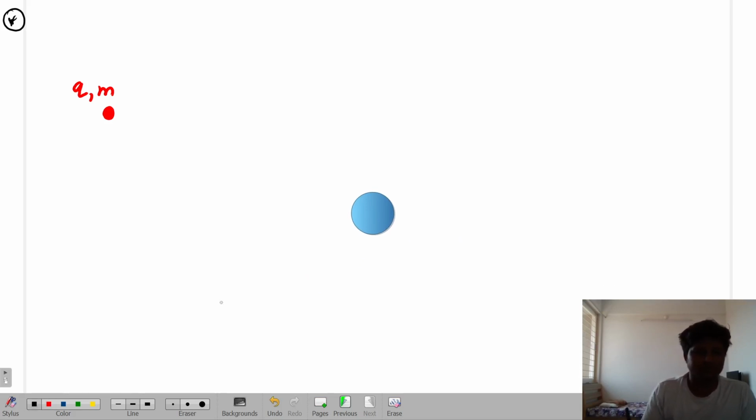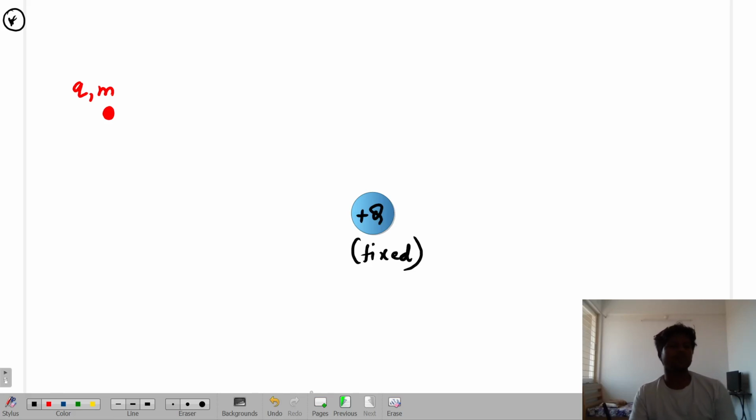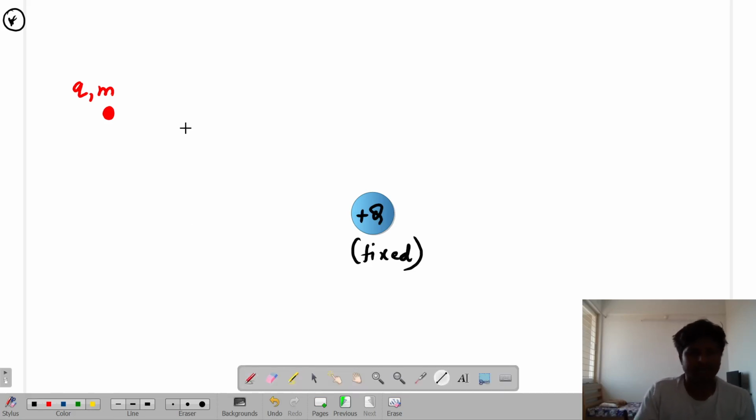Capital Q, and this charge is my fixed charge. Got it or not? So now you see they have a line of motion. The distance between them is given, which is exactly equal to distance d.